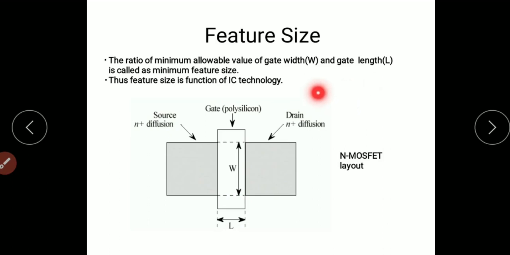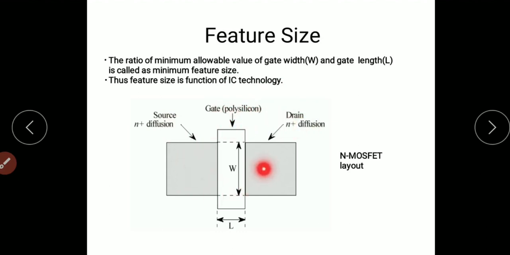Next, you should know an important definition: feature size. What is feature size? What is the importance of feature size? The feature size is also known as IC technology or technology in VLSI. If you take a MOSFET, it consists of source, drain and gate terminals.